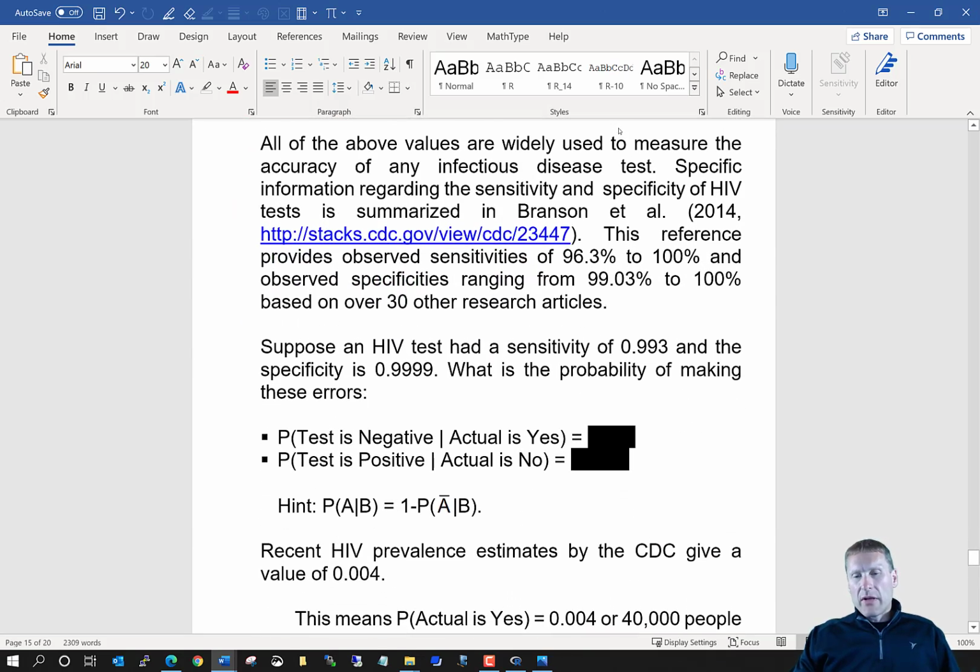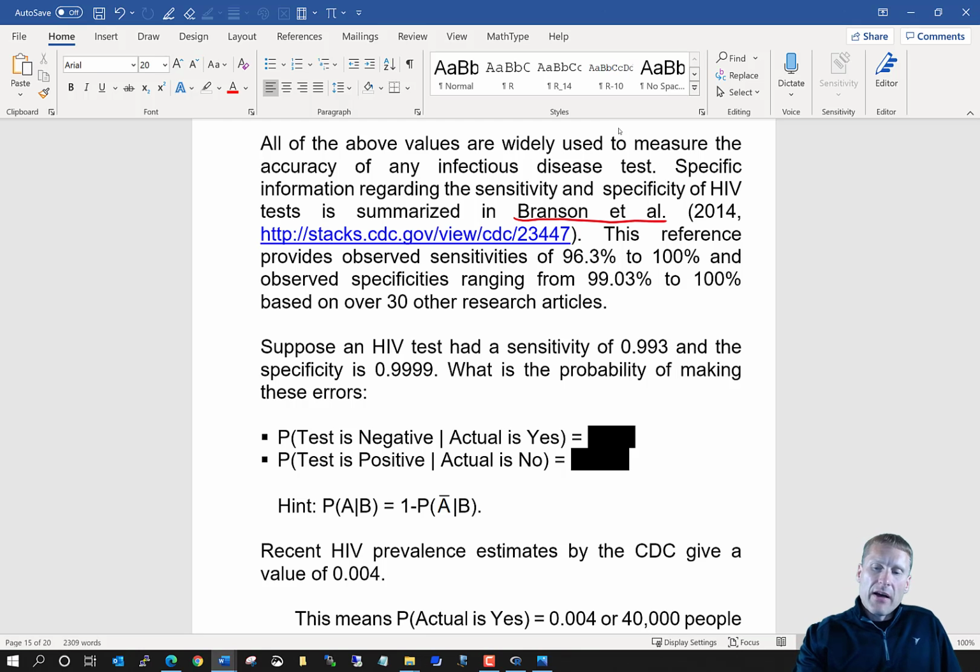Well, let's look at this a little bit more closely with some actual information. A paper that I used for a recent paper of mine was this paper by Branson et al. in 2014. In this work, they look at information from about 30 different other papers that evaluate a variety of different HIV tests.